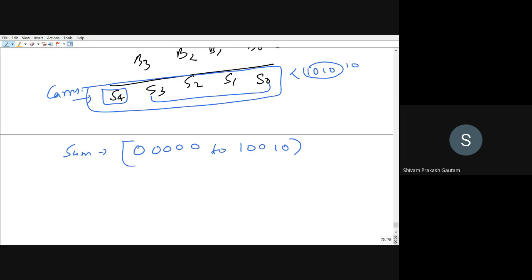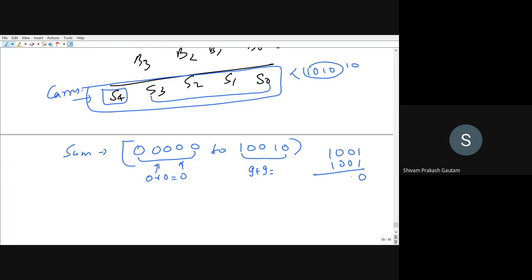Why this can be the range? This will be the number when both A and B, both the BCD numbers, are 0. If both are 0, we will be producing 0, right? And maximum BCD number can be 9. If both the numbers are 9, then what will be produced? Just see. Both the numbers are 9, that is 1001, 1001.